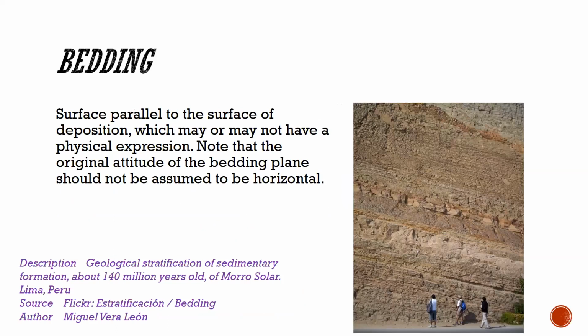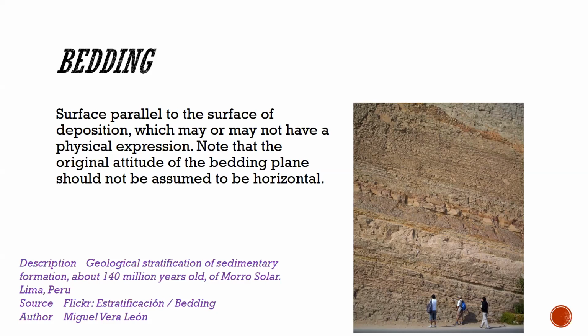Second, this is a bedding, a large bedding plane is observed. This picture is taken from Peru, 140 million years of age. Over that many millions of years, the rock has undergone changes, depositions, and changes of temperature and pressure, and a new layer is formed, then another new layer, finally giving shape to a new rock type.